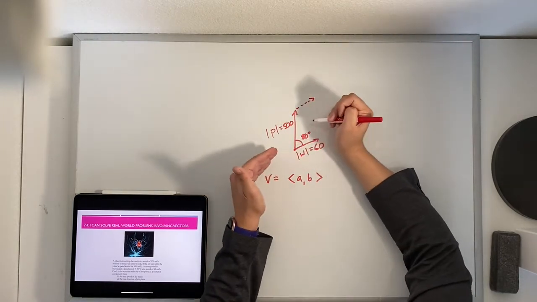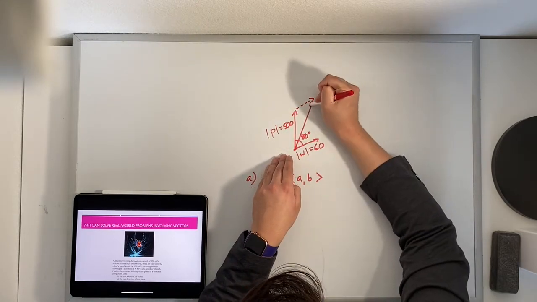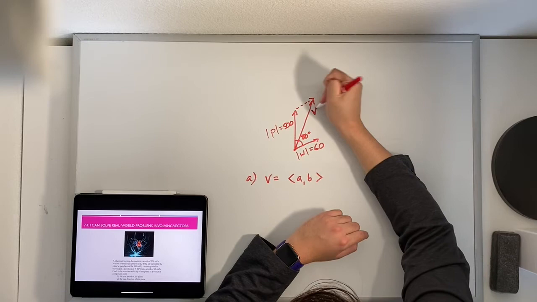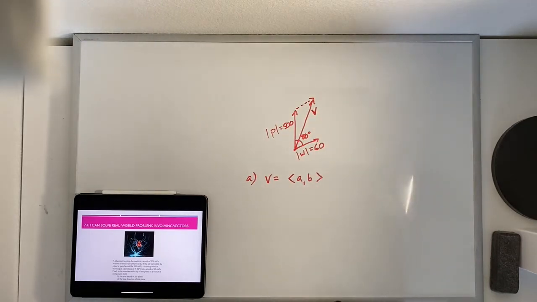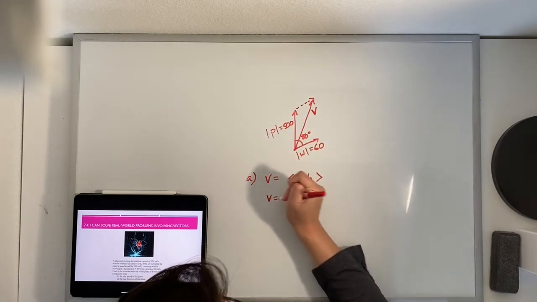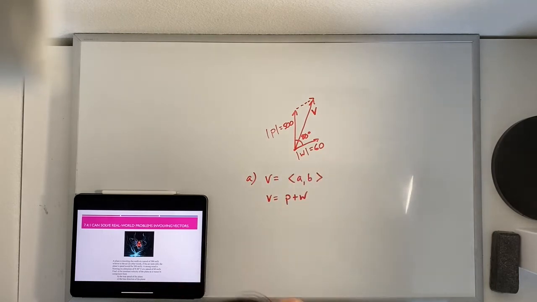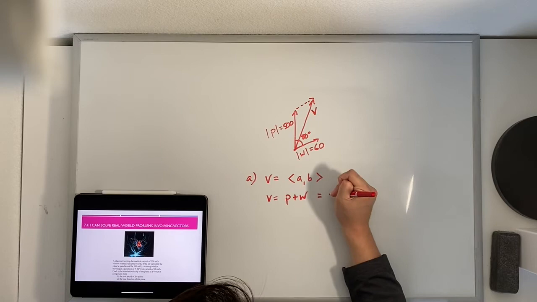Because of the wind, it's being pushed to the northeast slightly, so the plane is actually going to end up going there. So this is vector V. All right. So vector V equals vectors P plus W. So we need to find vectors P and W.